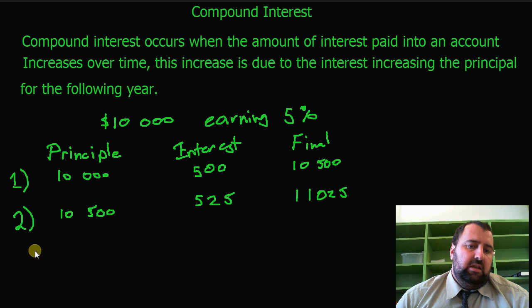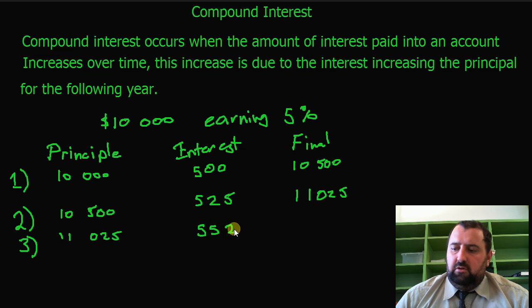So in this case, our final amount is going to be $11,025. Let's have a look at the next year, where our principal is suddenly $11,025. Our interest now becomes $551.25.